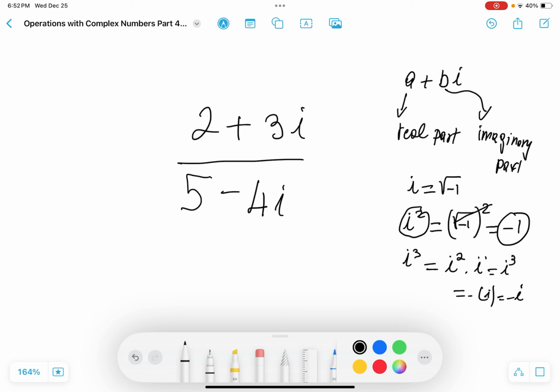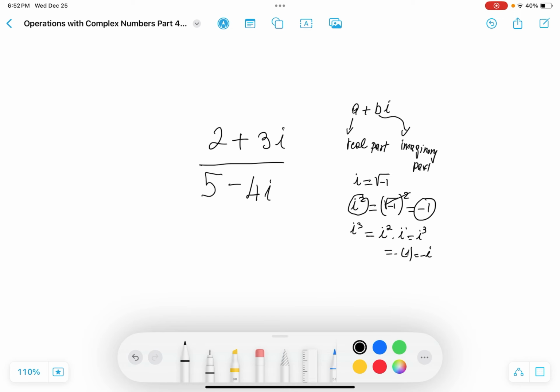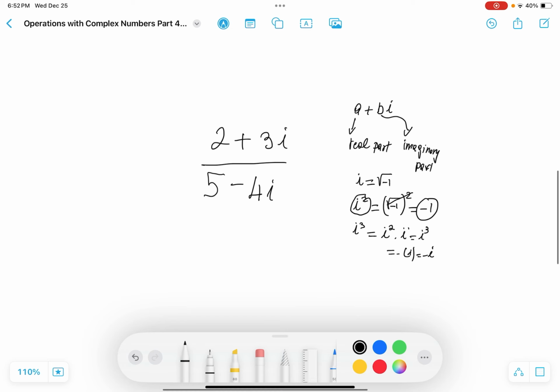Okay. For solving this problem, we have to multiply by the conjugate of 5 minus 4i. What is the conjugate of 5 minus 4i?